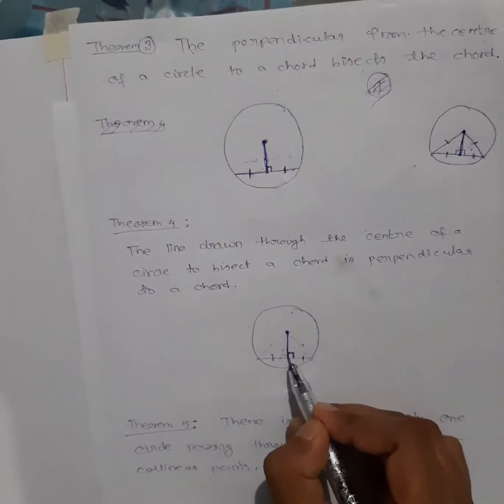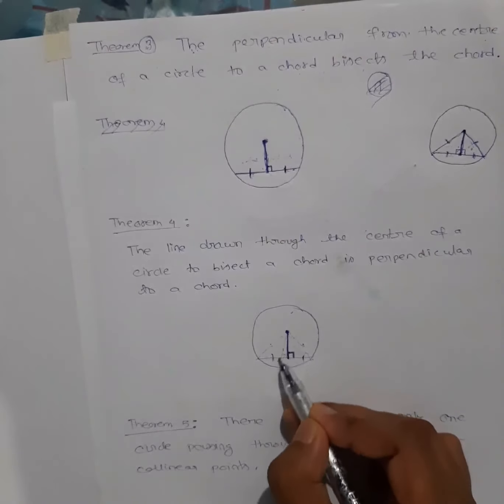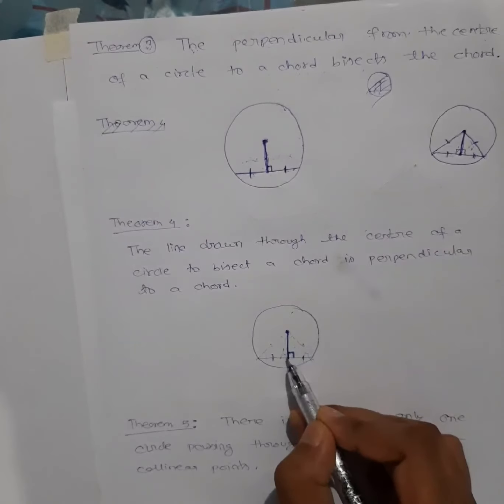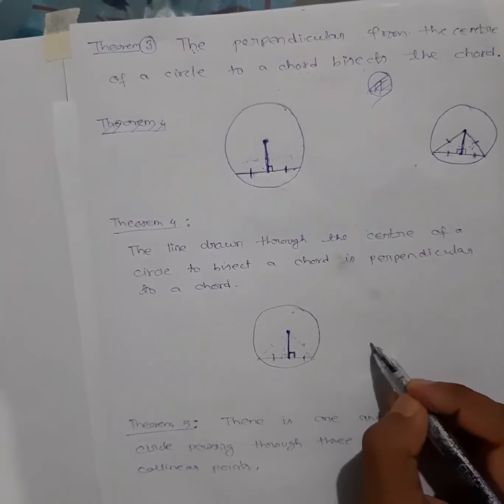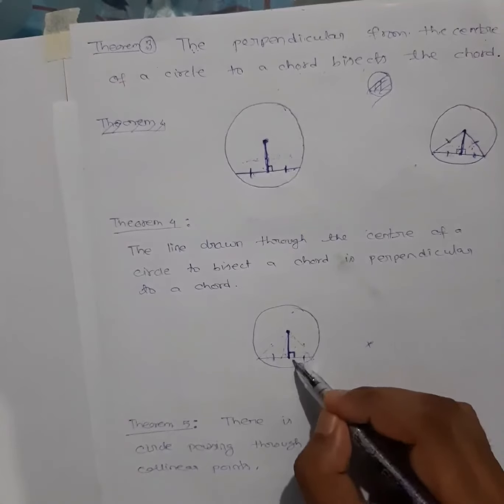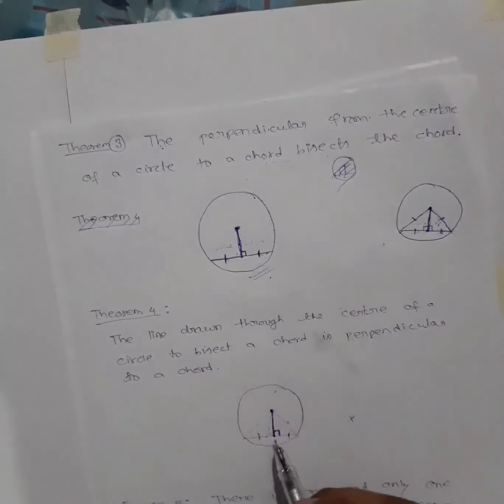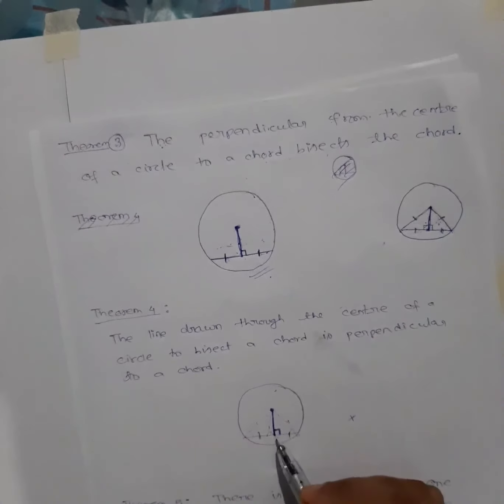The only thing is you have to show it is the shortest line compared to this one. This you will learn in class 10. So you don't need exactly this proof. This proof is enough right now just to understand. You will have this theorem again in class 10 also. Exactly the same theorem you will have in circles.